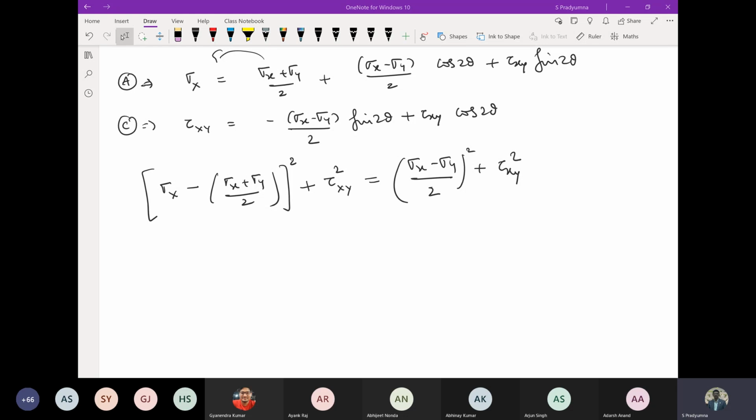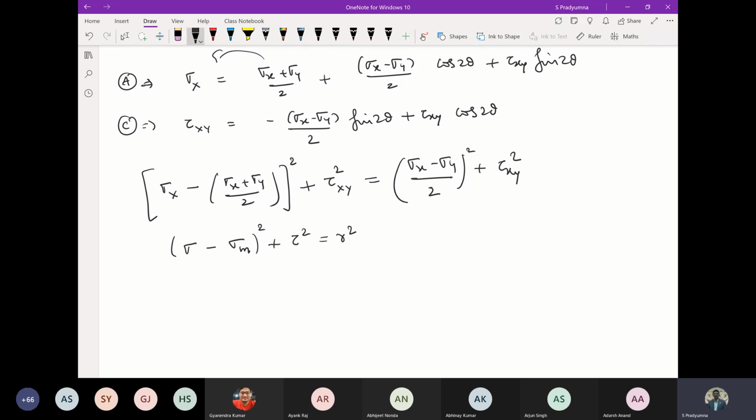My mistake. Okay, fine. So with this equation, I can write that sigma minus sigma mean, (sigma x plus sigma y) by 2, whole square, plus tau square is equal to r square.